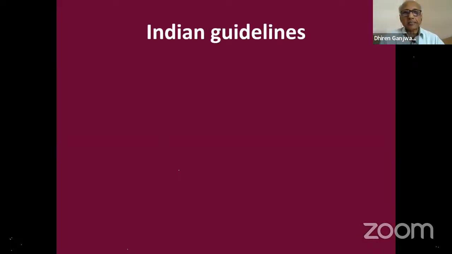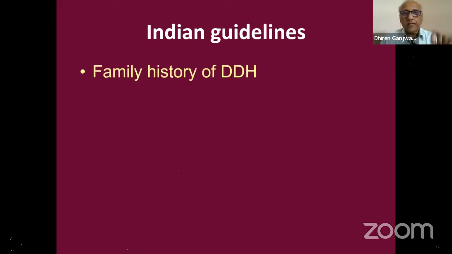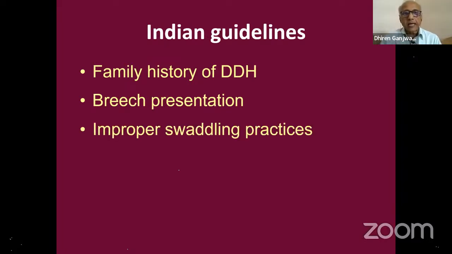Indian guidelines have reduced the risk factors which we need to consider. The first is, if there is a family history of DDH, yes, we need to pay more attention. If there is a breech presentation, yes, we need to be careful. And if there is an improper swaddling practice in the family, then it's considered a risk factor. So we have eliminated a lot of risk factors.